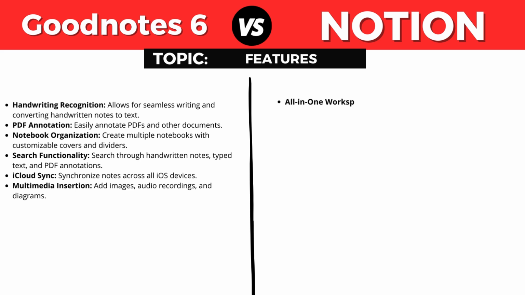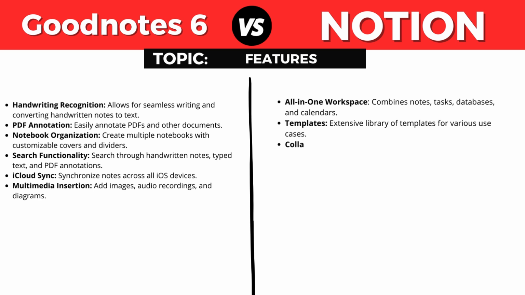The Notion app has the following features. The all-in-one workspace combines notes, tasks, databases and calendars. The templates: an extensive library of templates for various use cases. The collaboration: real-time collaboration with members of your team. So that's pretty nice.